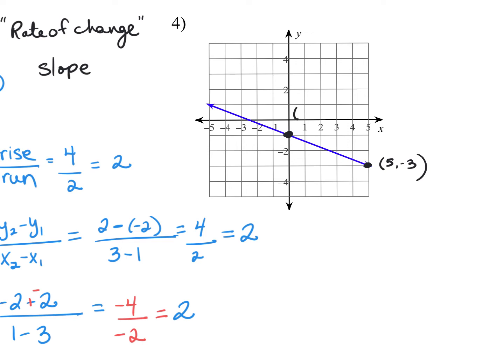And this here is at 0, -1. So go ahead, stop the video, and see if you can, using either rise over run or the slope formula, find the slope of this particular line.